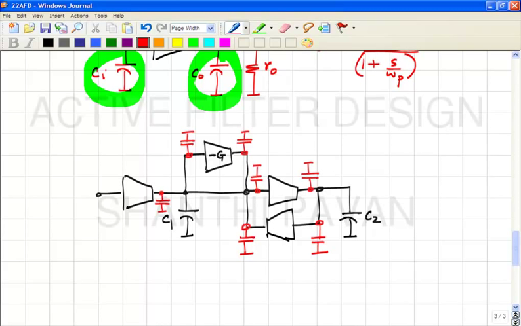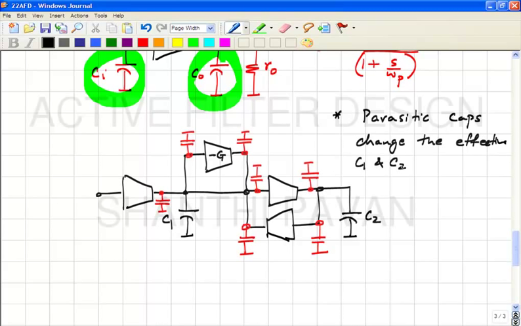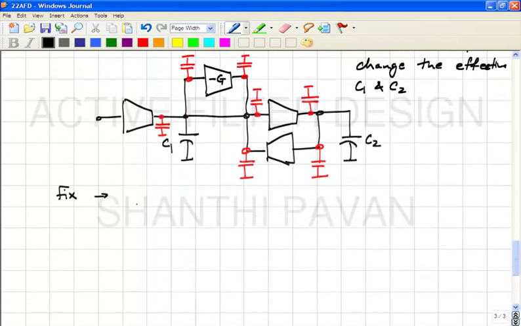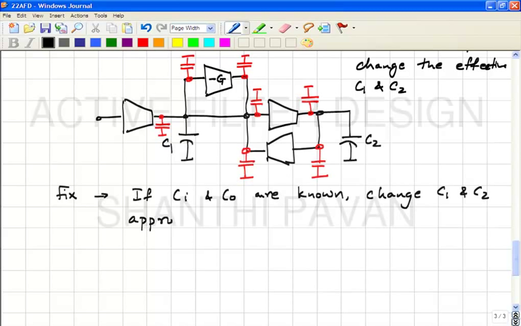So how will you fix this? If you know Ci and Co, the fix is... is it clear?